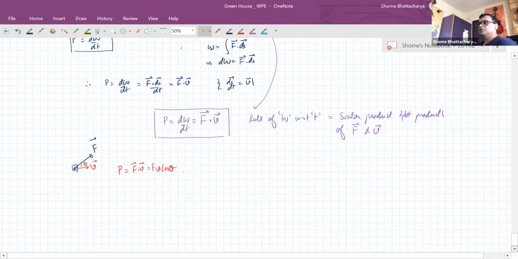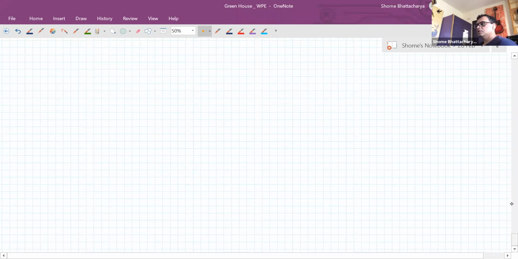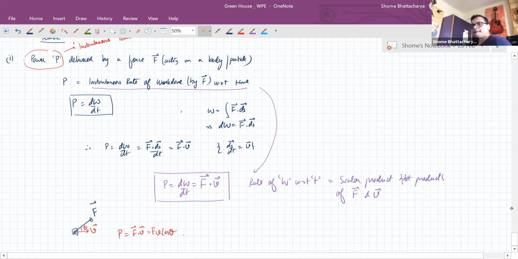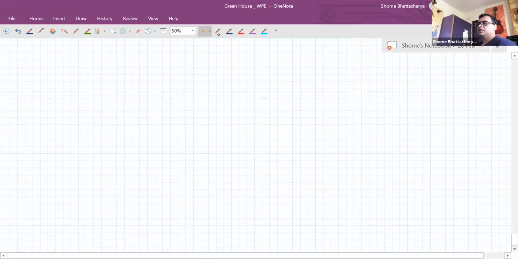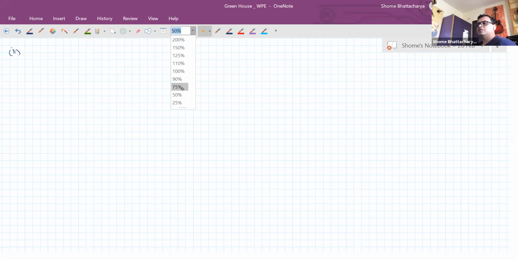Okay, now the next definition we'll see is average power. All right, so the second part is the definition of average power.